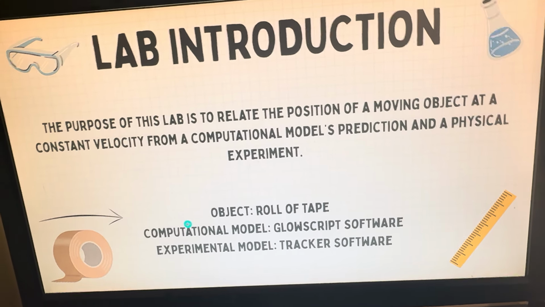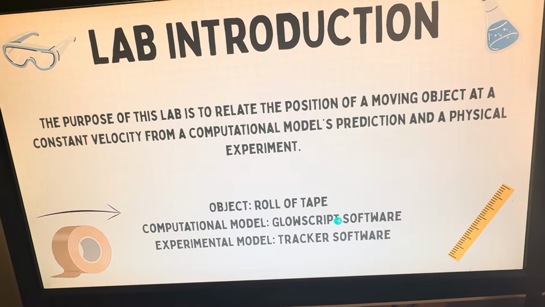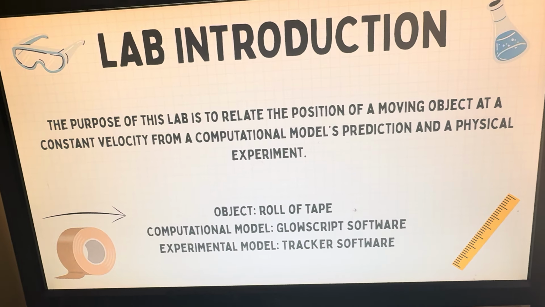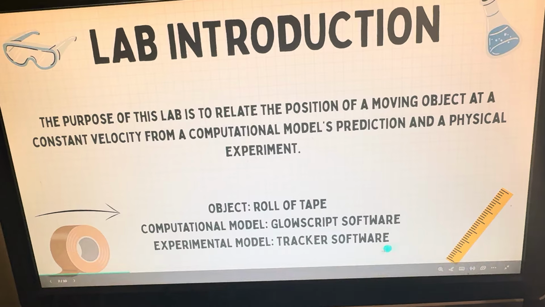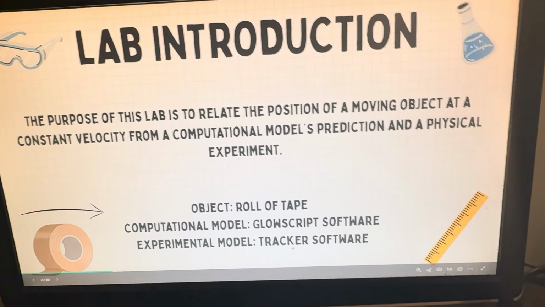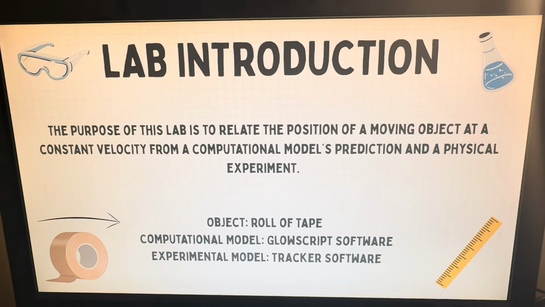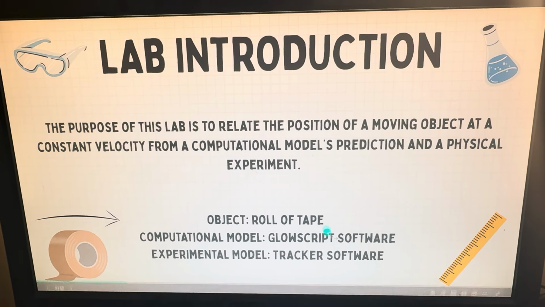For the computational model, we're using the GlowScript coding software. For the experimental model, we conducted the physical experiment, but we used the Tracker app to track the position and list out the position updates of our roll of tape as it was moving along the ground in reference to a meter stick.